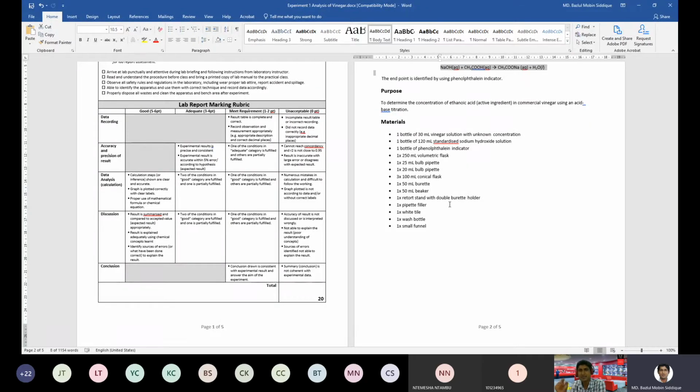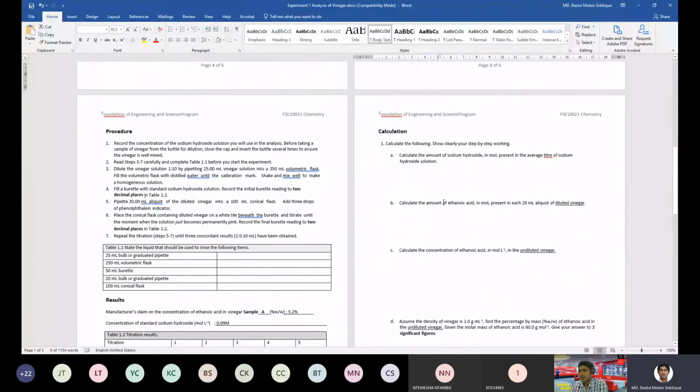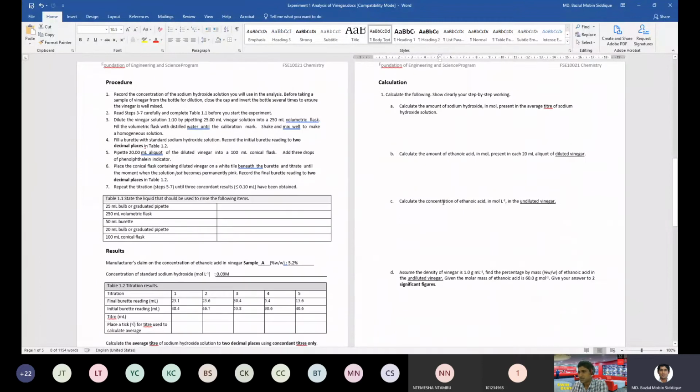Because concentration is mole per liter. That we will also talk about on Monday. So mole per liter is the molarity of the solution. So from there, we can find the molarity of the solution.